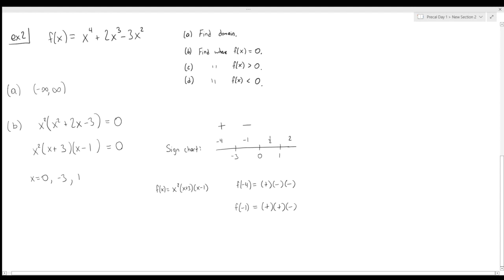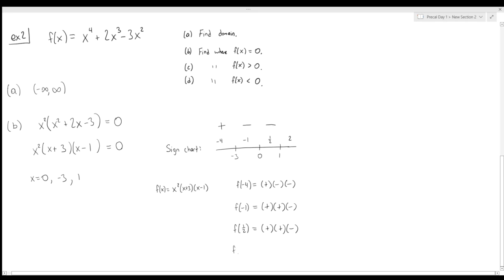If we plug in 1/2 for x, okay, again, x squared will be positive. If you add 3, that will be positive. 1/2 minus 1 is still negative. Okay. So then this is going to be negative here.